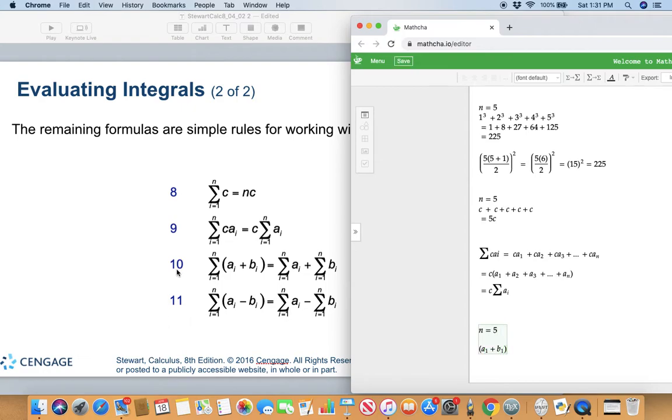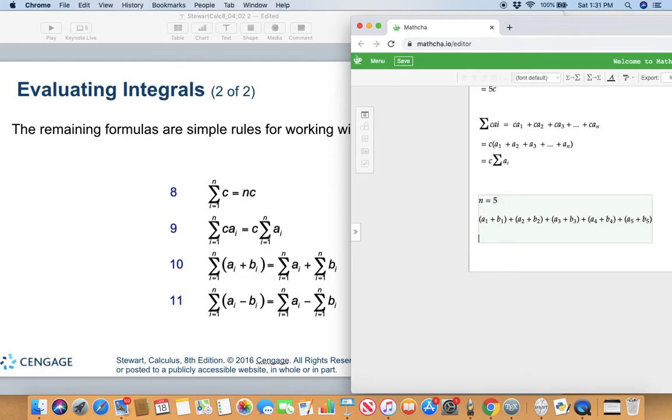I'm looking at equation 10, all right? i is 1, a1 plus b1 plus i is 2, a2 plus b2 plus i is 3, a3 plus b3, i is 4, a4 plus b4 plus i is 5, a5 plus b sub 5. Got that?